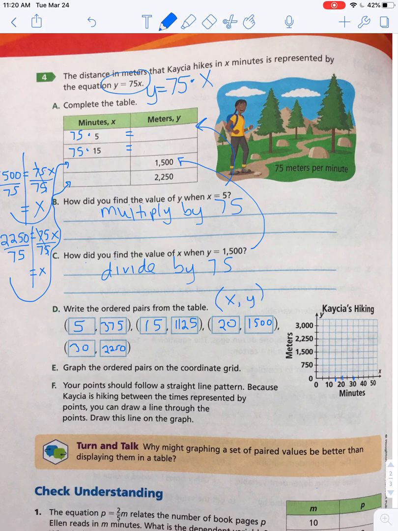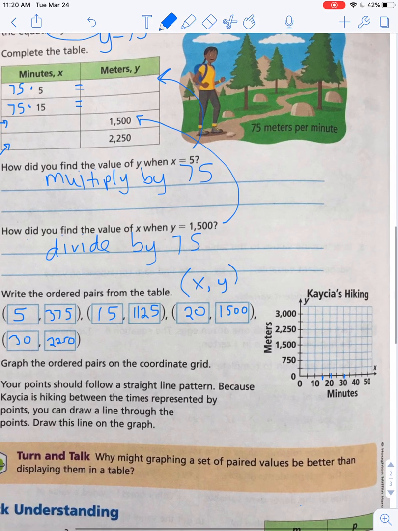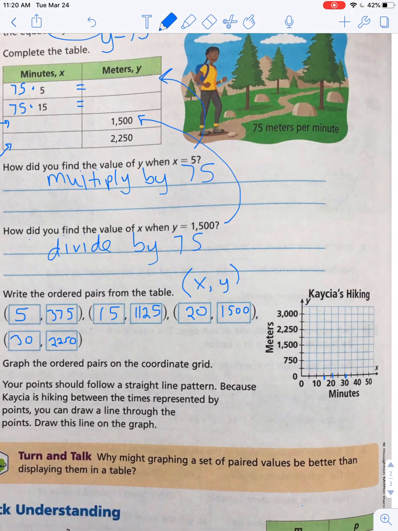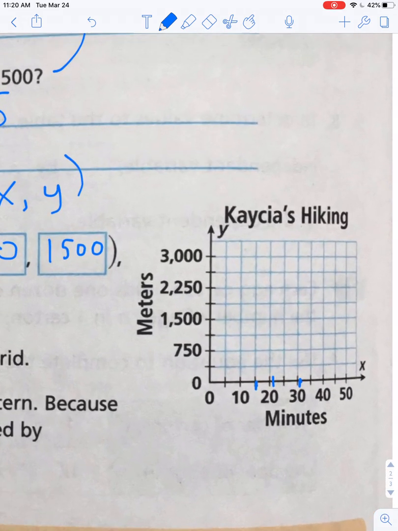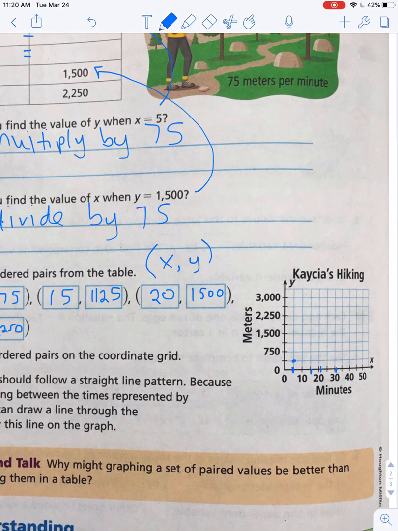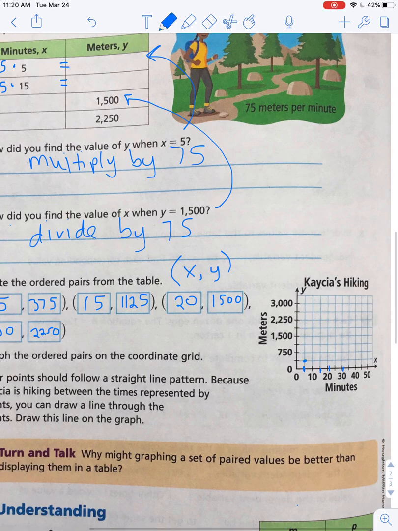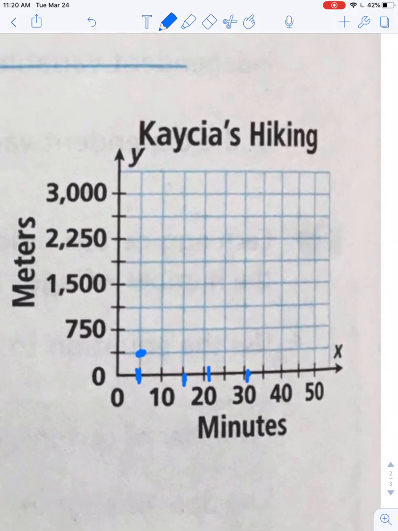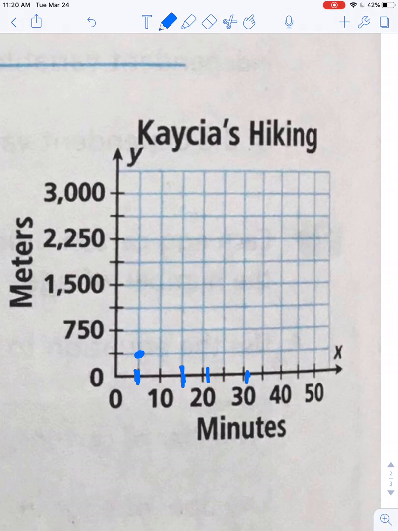And then I can take those ordered pairs over to the graph. So let's see, we've got 5, which is in between 0 and 10. Zoom in there. All right, so 5 is in between 0 and 10, and I need to go up to 375. 15 and 1,125. So here's 15 in between 10 and 20.